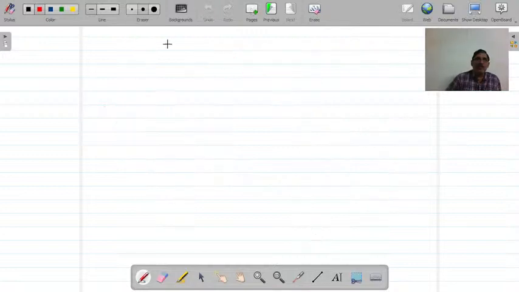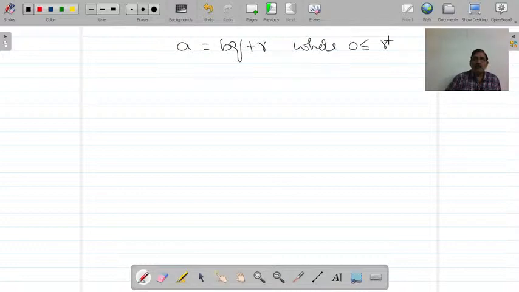We know that A is equal to BQ plus R, where 0 is less than or equal to R less than B. Now just observe, suppose here again I will write divisor and possible remainders.